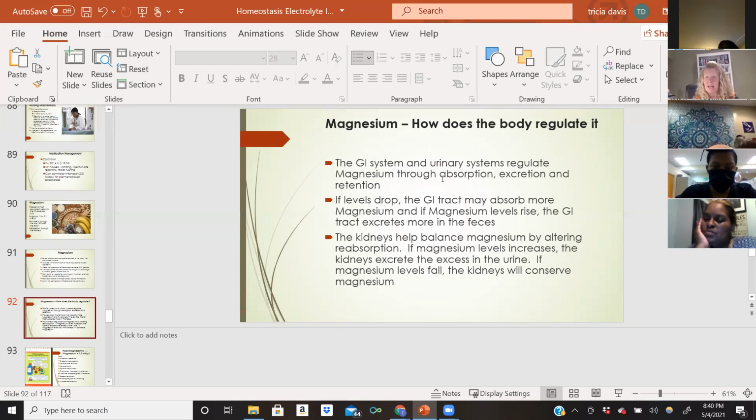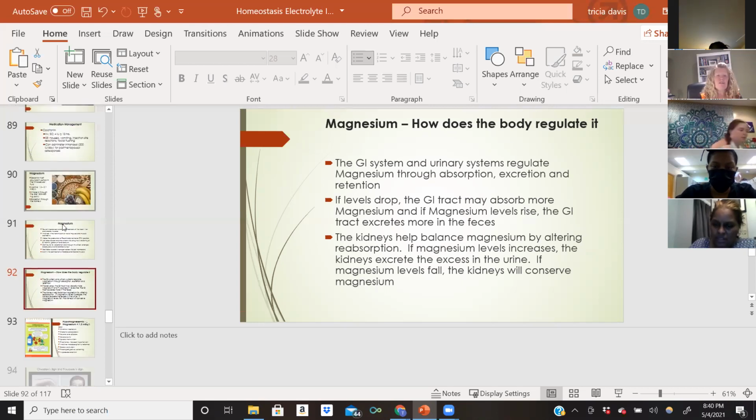The kidneys help to balance magnesium by altering reabsorption. So if our magnesium levels are high, the kidneys are going to do what? They're going to excrete it, get rid of it, and put the excess in the urine. If the magnesium levels start to fall, then the kidneys are going to hold on to that magnesium. They won't excrete it, so that way the magnesium levels can rise.